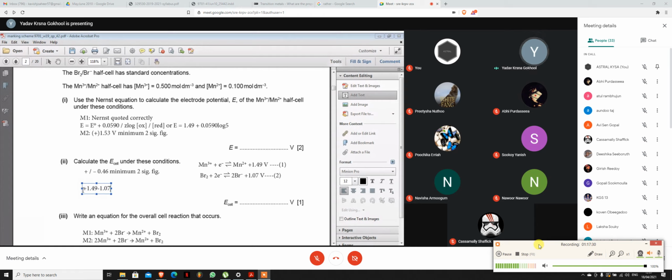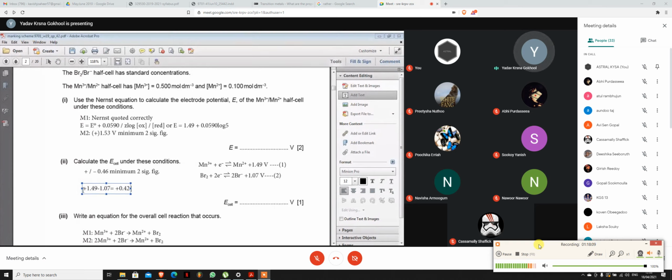I'm getting 0.42. I don't know if the data booklet of that time was a bit different. If anyone can give me an idea, but I'm getting plus 0.42.